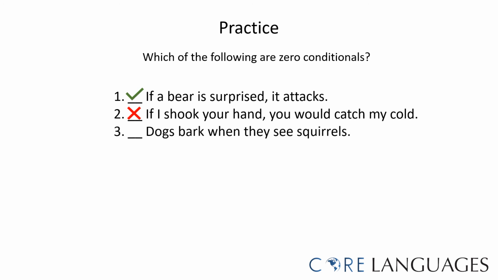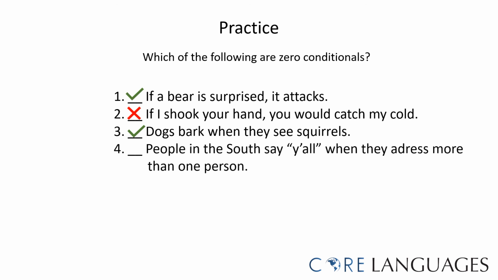Dogs bark when they see squirrels. This sentence is a zero conditional. It states a general truth, and both verbs are in the simple present. People in the South say y'all when they address more than one person. This sentence is a zero conditional.